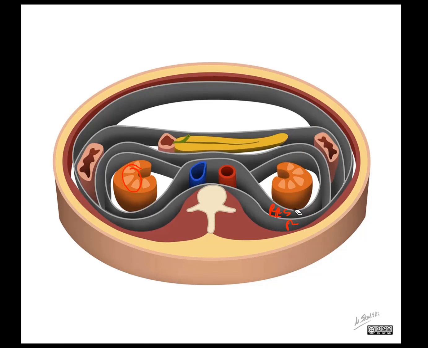Now the contents of the posterior pararenal space are nothing but only fat and, rarely, some lymph nodes as well, whereas the contents of the anterior pararenal space, that is this space, include the ascending colon, the duodenum and the pancreas, and the descending colon.